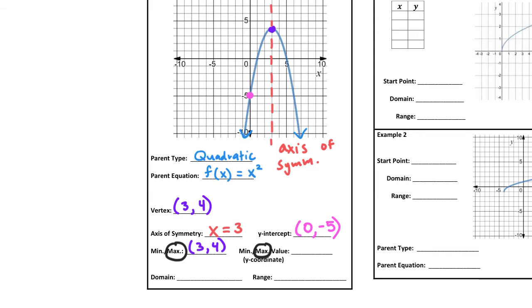Okay. The next thing, what's the max value? That would be the y coordinate, right? Because remember, this is x, this is y. So if I look at the y coordinate, then that's my max value. And I'm just going to put 4.